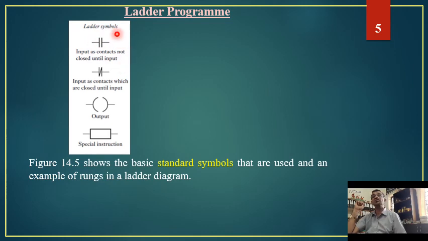Now what will happen if we supply a signal to this particular switch? Whenever a signal is supplied to a normally open switch, it turns closed. And whenever we send a signal to a normally closed switch, it turns open.